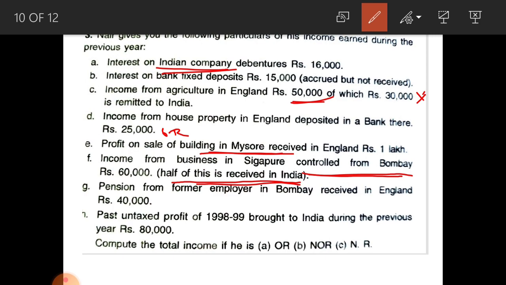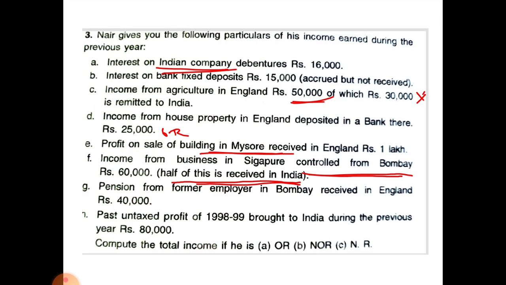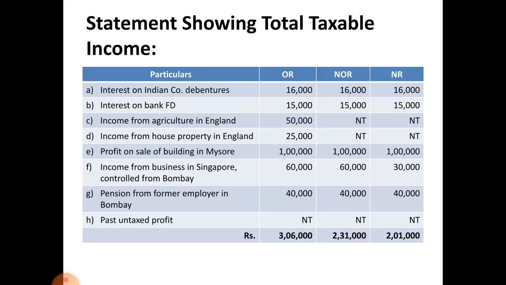Compute the total income if he is an ordinary resident, not ordinarily resident, and third, a non-resident. Same thing, you have to draw the same columns. Statement showing total taxable income: items you have to write in the particulars column and amounts in the amount column.